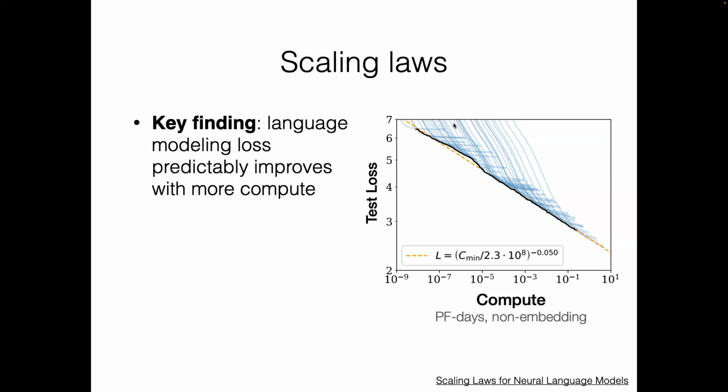And they tried a variety of models at a variety of different scales. And if you look at the optimal model for any given amount of compute, then you can get this nice line and actually project out what your loss would be if you used a certain amount of compute in an optimal way.